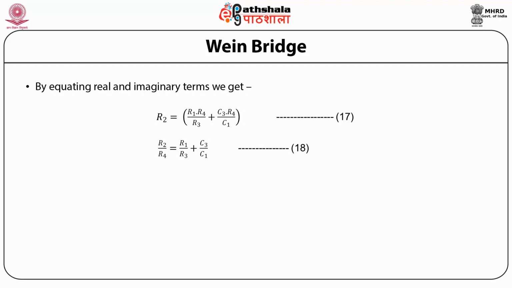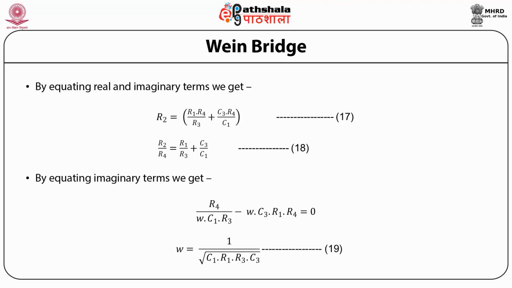This is equation 18. By equating the imaginary terms, we get R4/(ωC1R1) − ωC3R1R4 = 0. Therefore, ω = 1/√(C1·R1·R3·C3).